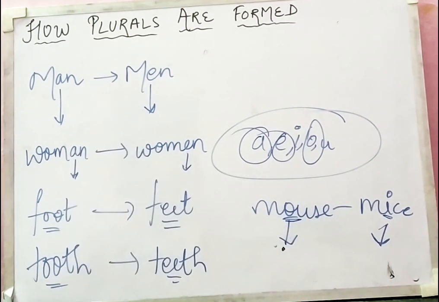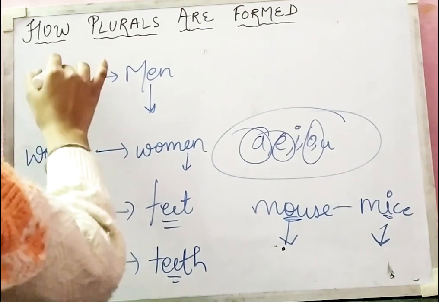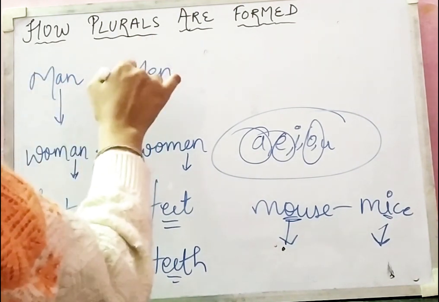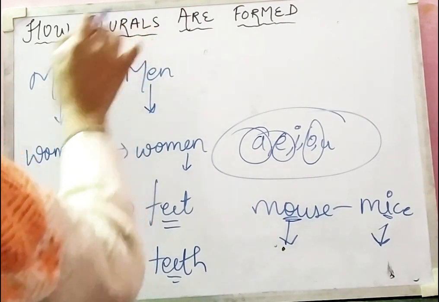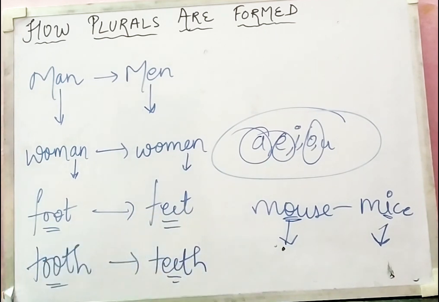In some examples, the main point of this concept is this: there are some nouns that change their vowel to make plural. Here A changed to E to make it plural. Similarly here also foot, feet. So I think this concept is clear to you.